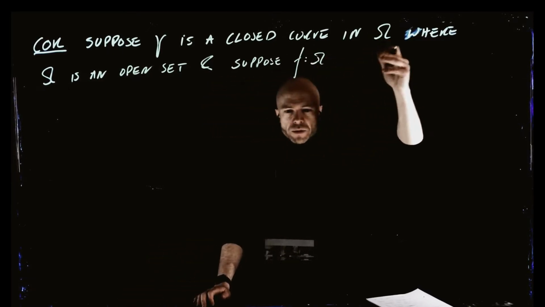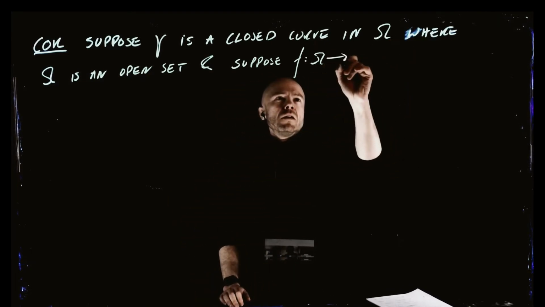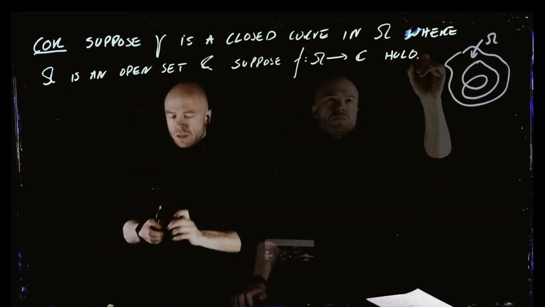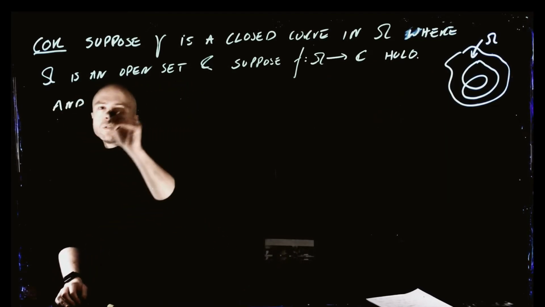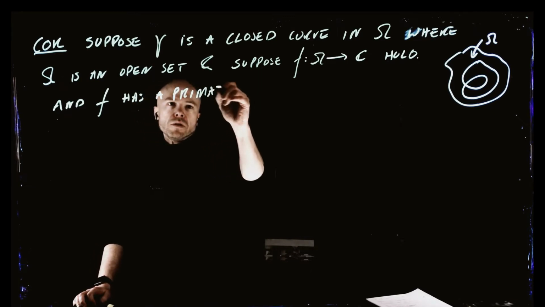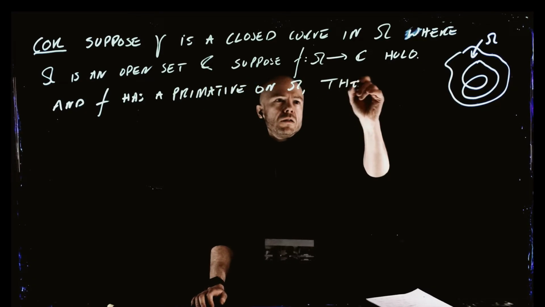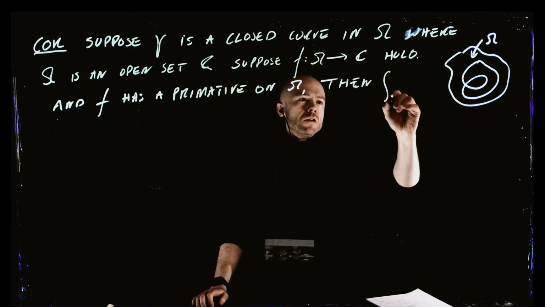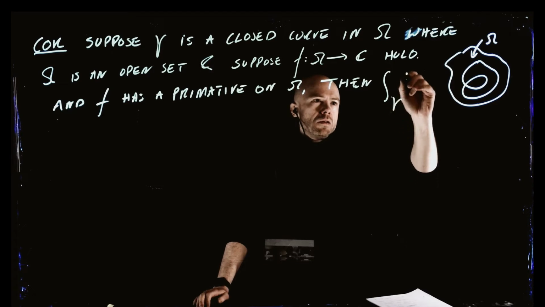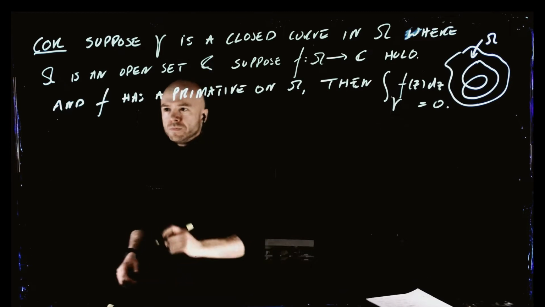From now on, whenever I talk about omega, we're always going to be talking about a subset of the complex plane, so I'm not going to say that explicitly. And f has a primitive on omega, then the integral around the closed curve gamma of f(z) dz is equal to 0. Okay, tell me why.